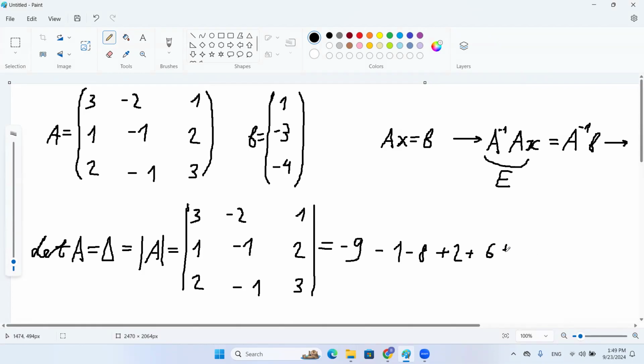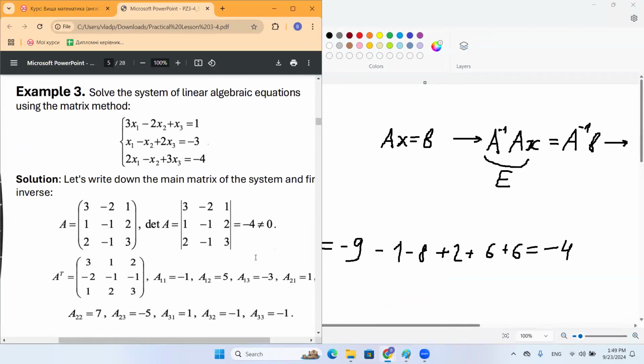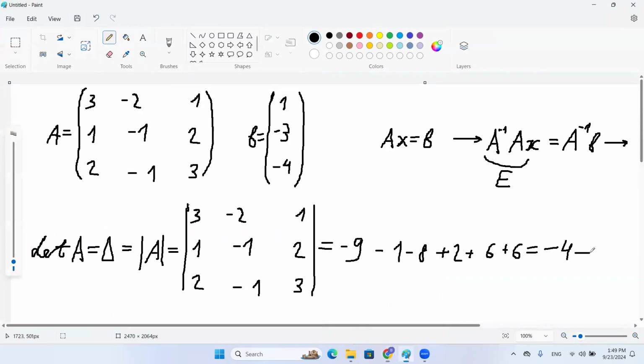And finally, 12, 14, 14 minus 18, minus 4. Okay, let's verify our determinant. Minus 4, so it's not equal to 0, and it means that we can inverse our matrix.